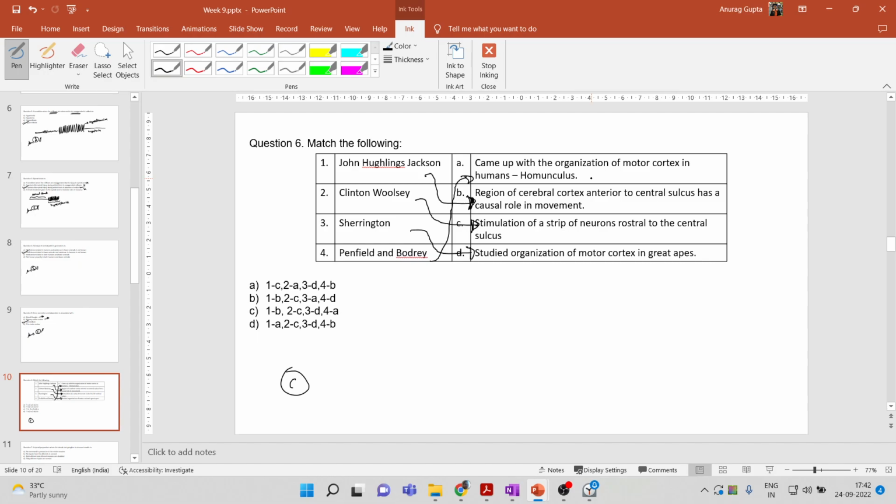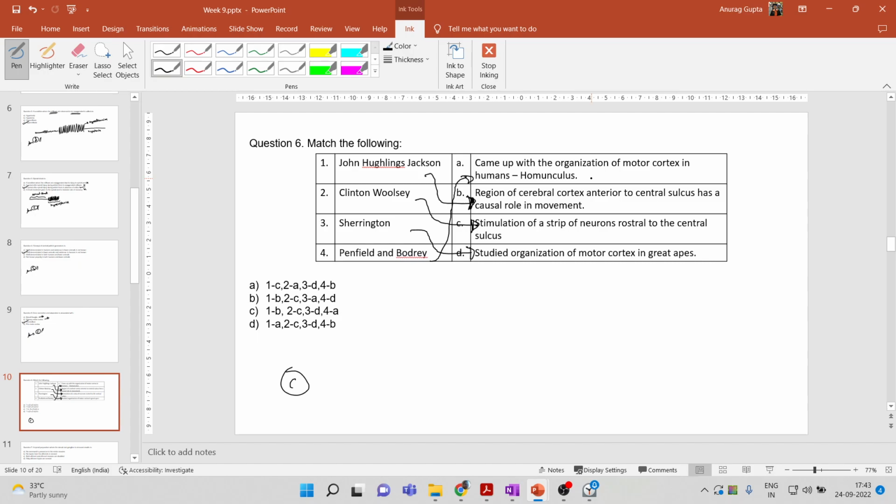So during the surgery, I think it was Penfield who stimulated certain regions of the motor cortex, that is the region rostral to the central sulcus, and what they observed was certain muscles in the body were contracting.